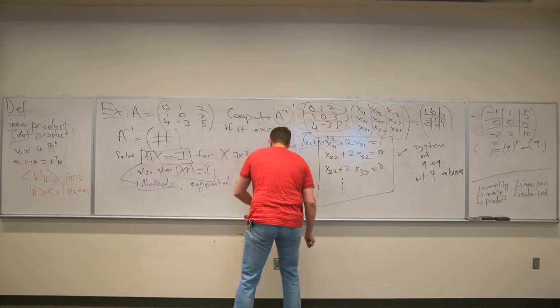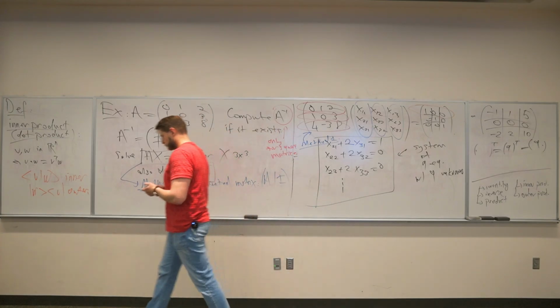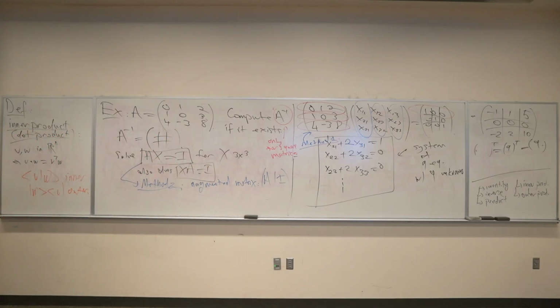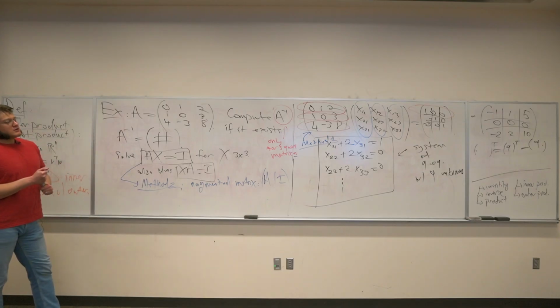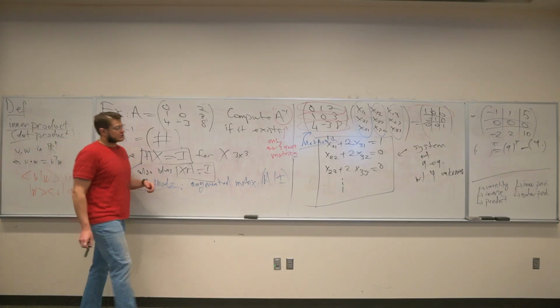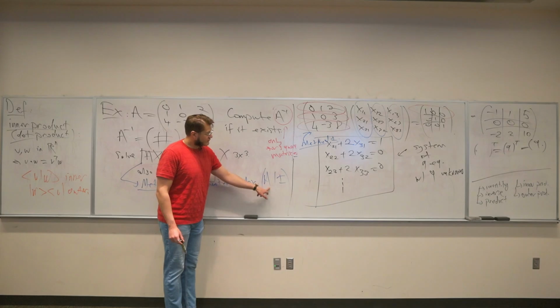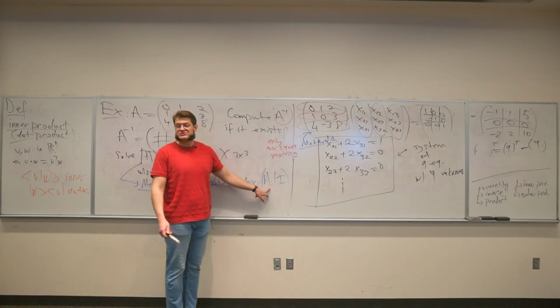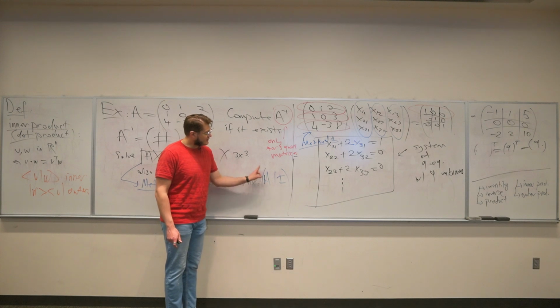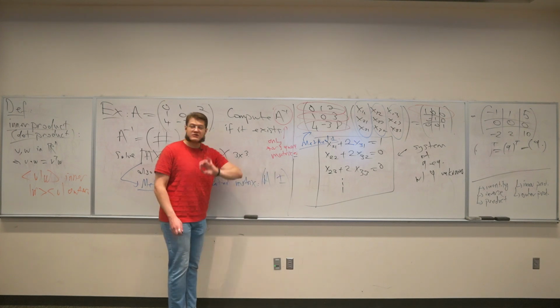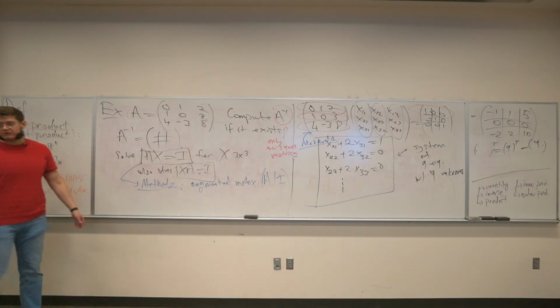A bar I. This is a more complicated augmented matrix than you're used to, but it's going to work. Then you do a bunch of row operations to get the echelon form. Ultimately, your aim is to get identity on the left side, and whatever you end up with on the right side is going to be your inverse.